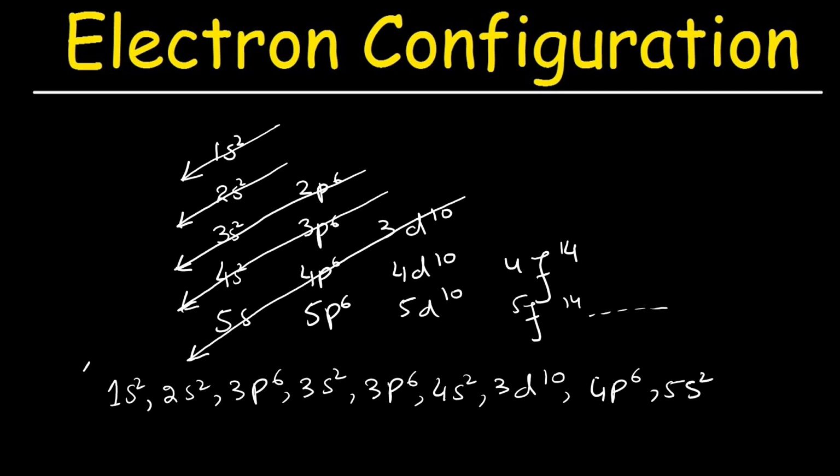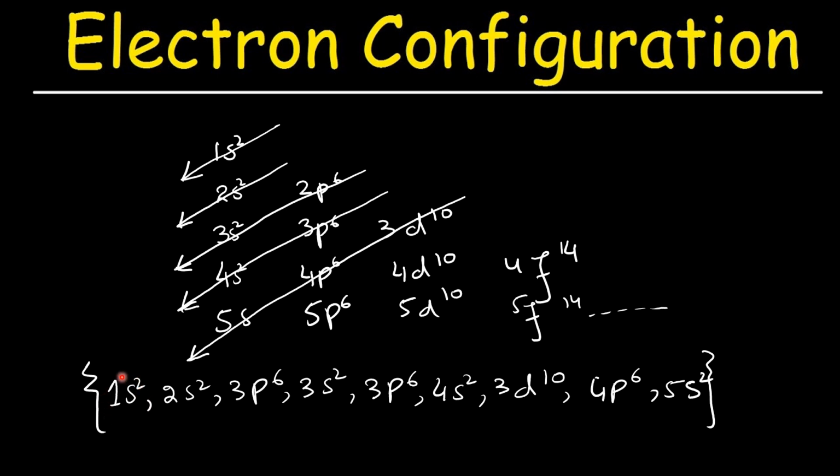So this means that the energy of 1s2 is less than 2s2, 2s2 energy is less than 2p6, and 2p6 energy is less than 3s2. So this is a very easy trick to understand which energy level will be filled first in electronic configuration.